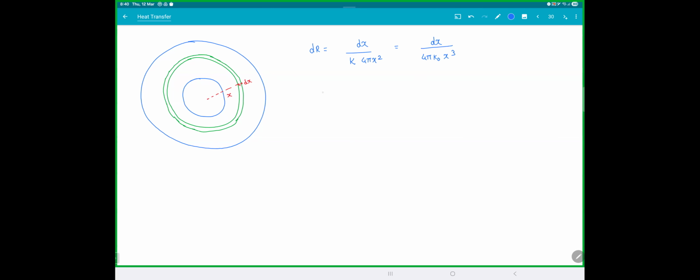Since all these are in series, R thermal will be the integral of dx by 4 pi K naught x cube. Limits will go from a to 2a. That would be 1 by 4 pi K naught, times x to the power minus 3 plus 1 by minus 3 plus 1.